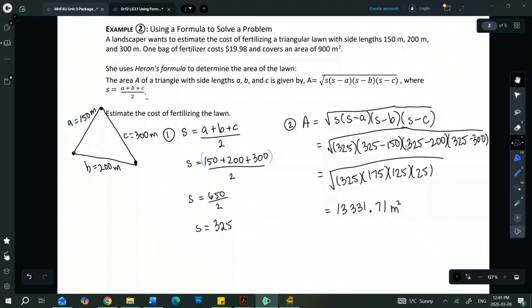Okay, good. So the last thing that we need to take into consideration is that one big fertilizer costs $19.98 and it covers an area of 900 meters squared. So how do we use this area and that information to figure out what her total cost is?